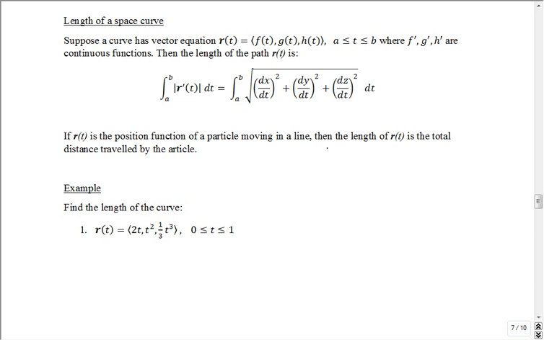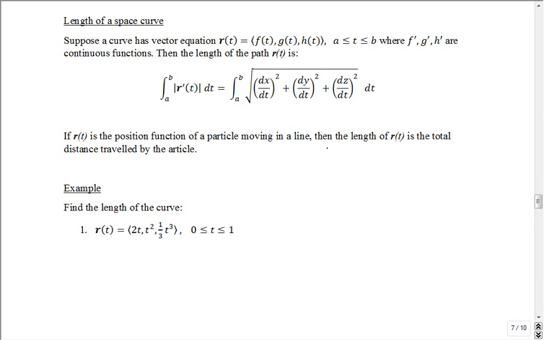And of course, f prime, g prime, and h prime must be continuous. Then the length of the path r of t is the integral from a to b of the length of r prime of t, which is equal to the integral from a to b of the square root of the sum of the squares of the derivatives.